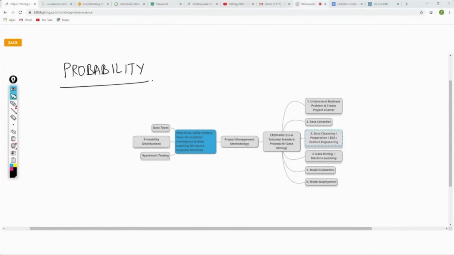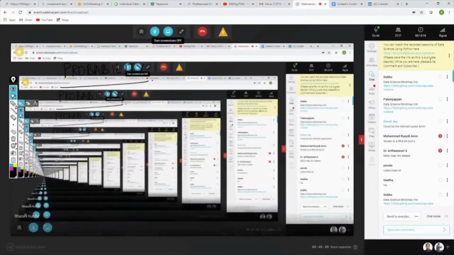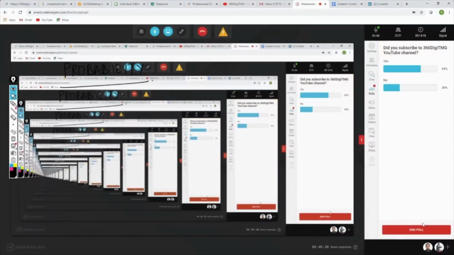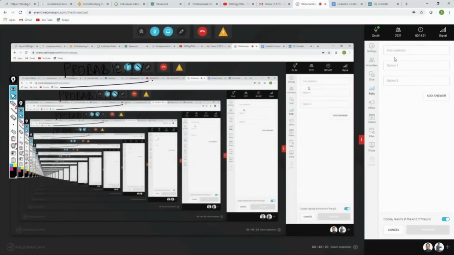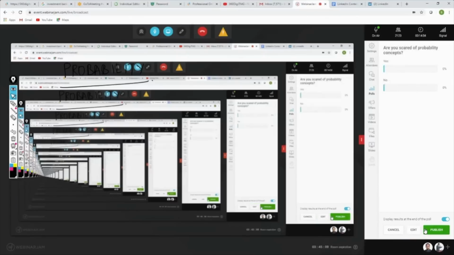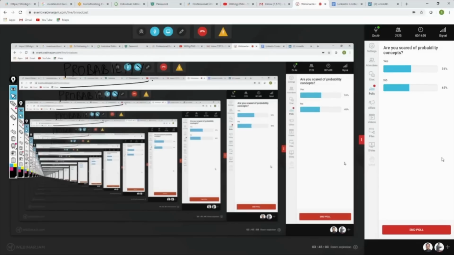How many of y'all are scared of probability? Let me ask this question. That would be an interesting question to ask. So the next poll is here. Are you scared of probability concepts? Yes or no? Hey guys, you can be pretty vocal. Let's see how many of y'all say yes, how many say no. Do you know what? During my school days, even I was scared of probability.